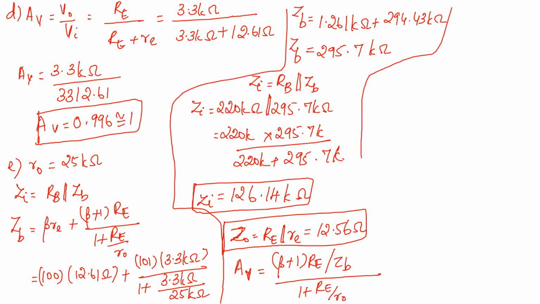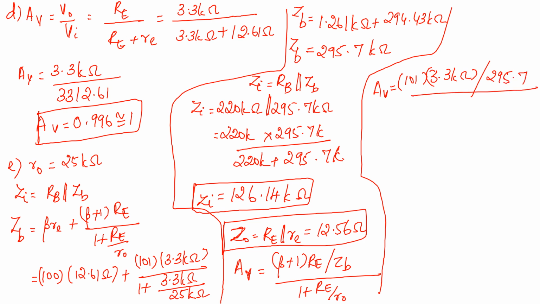So after solving, you will be getting AV is equal to, beta plus 1 is what? 101. 101 into capital RE is equal to 3.3 kilo ohm divided by, what is your ZB? 295.7 divided by 1 plus 3.3. I think you have calculated it, right? For the previous case. So what will be the value? 1 plus 3.3 kilo ohm divided by 25 kilo ohm.